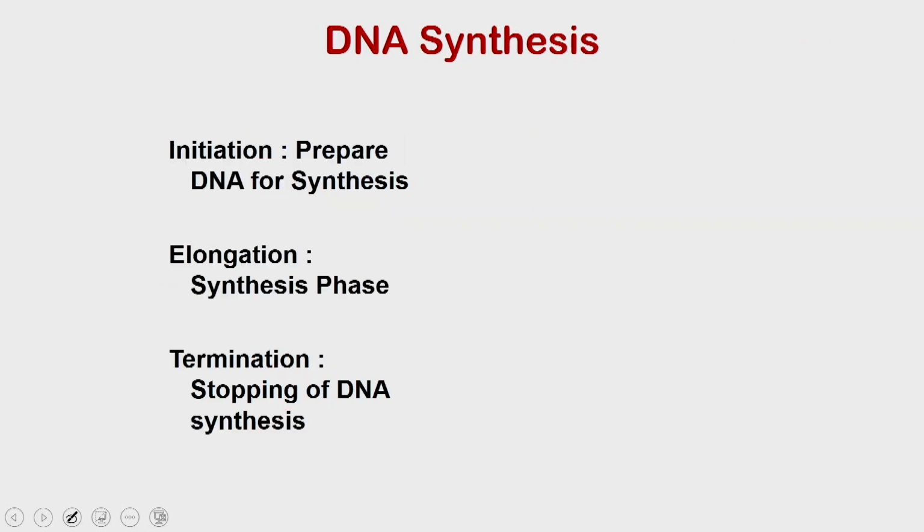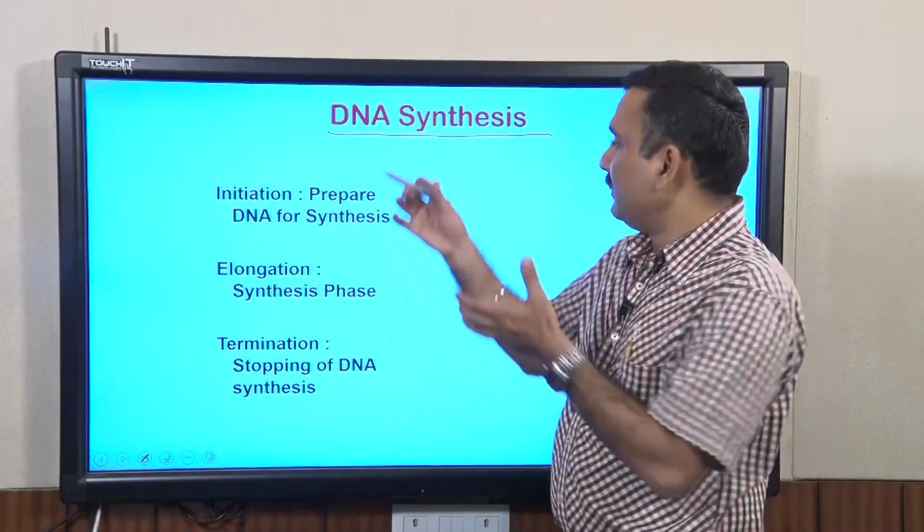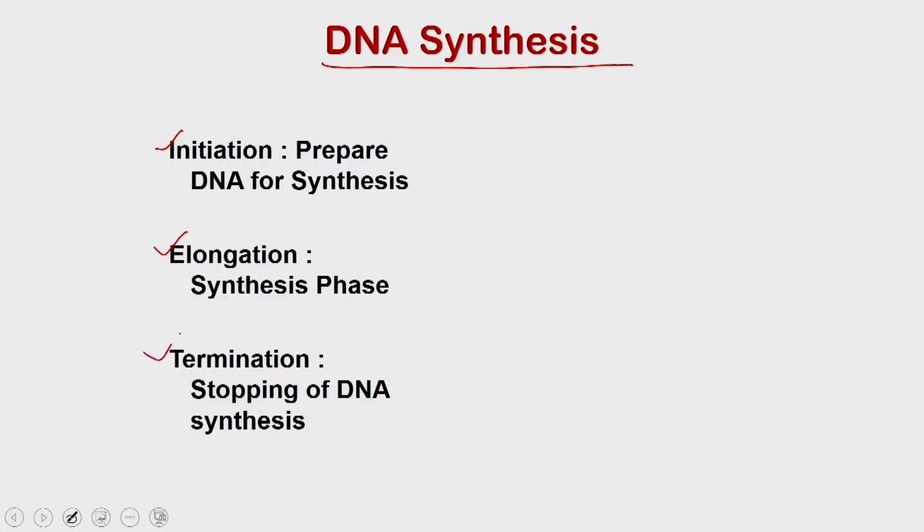Now, if I tell you that by doing DNA replication you are doing nothing but DNA synthesis, and for this type of DNA synthesis in the cell you require multiple steps like initiation, elongation, and then termination. In the initiation step you are preparing the DNA for synthesis.